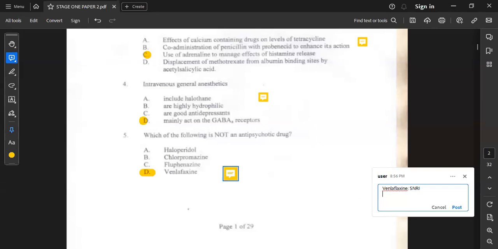They can be used to treat schizophrenia, and the mechanism of action is basically that they're dopamine antagonists.